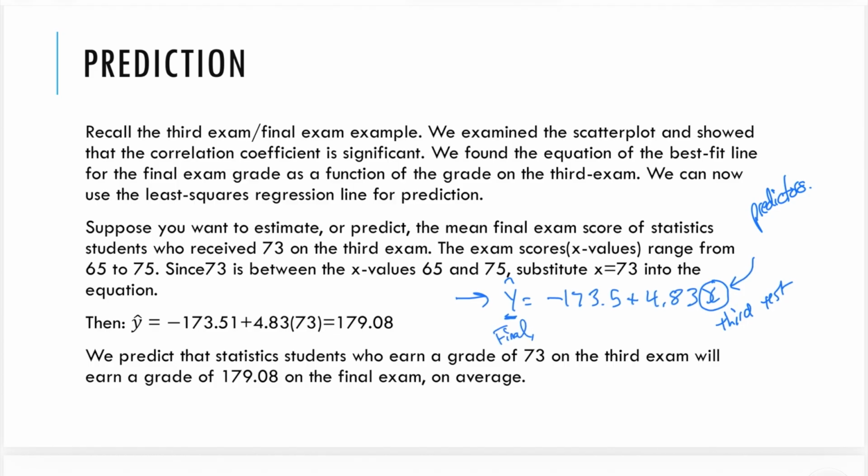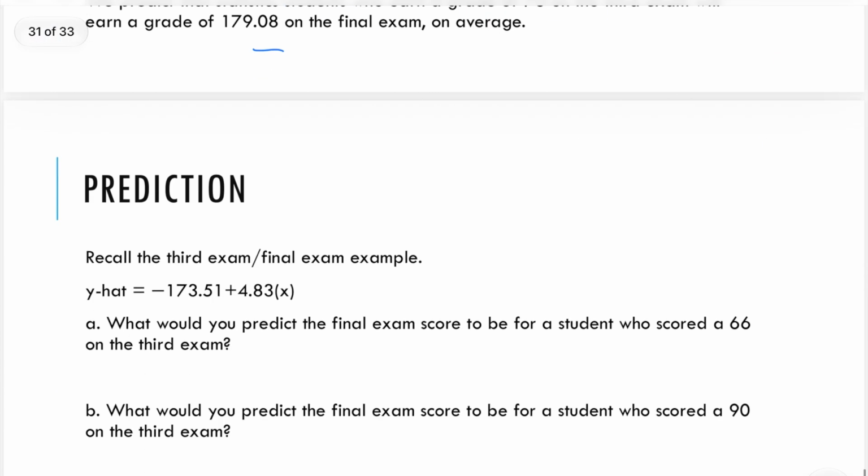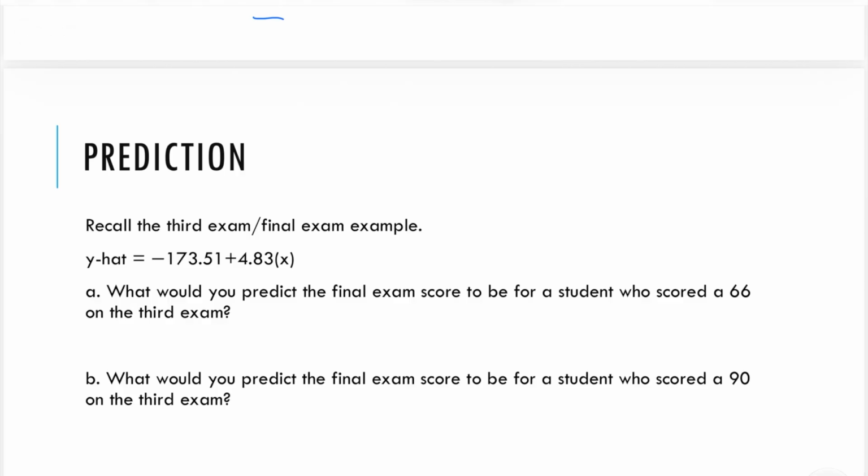So if we knew what a random student got on the third test, we plug it in, and in this case it's 73. Okay, we plug it in. So we plug in 73. If we do the math, we get 179.08. So we can predict that their final mark would be 179.08. And again, you can use this prediction, plug in any third exam score to get the final.